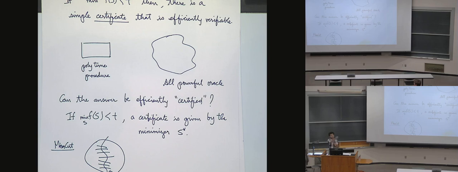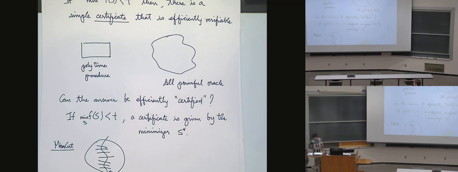You can give me a long path, but I could say maybe there's a shorter path. So there are some questions which are easy to certify and some questions that are not. Like if I say, is this statement true, you can certify that by giving me a proof. But if I say, is this statement false, then how do you certify that? So certification is a bit tricky.